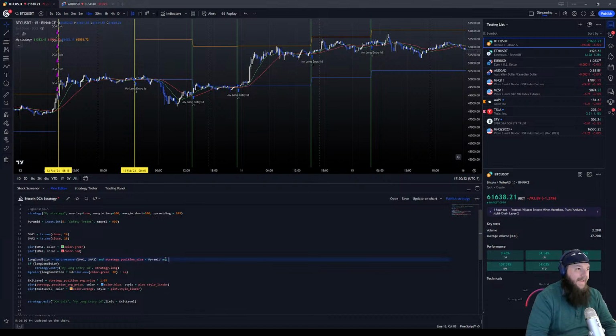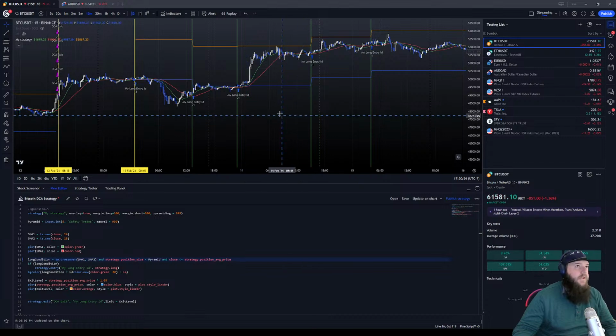So we're going to write this as when the close of the candle, because in strategies everything triggers on the close, is less than or equal to strategy dot position average price.